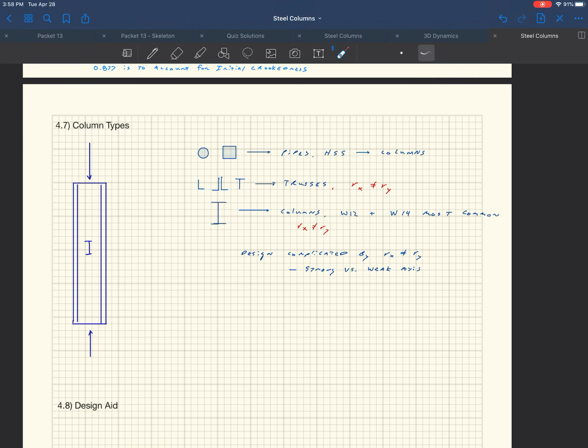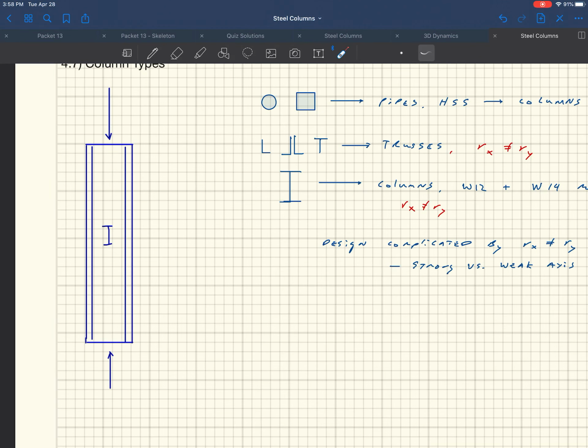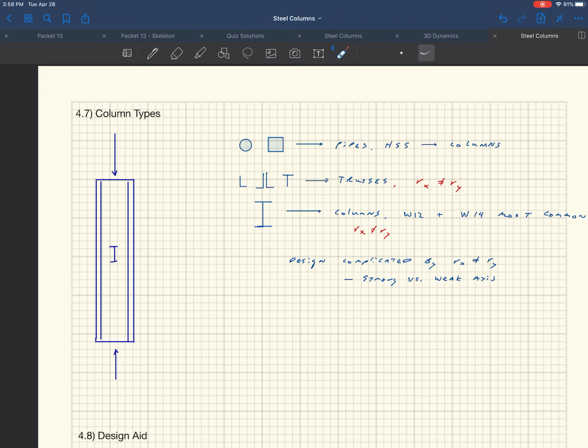So to expand on that idea of having a strong axis and a weak axis, that's what this drawing over here is for, okay? So I've got a load applied to this, right? A big axial load like this applied to this member. Well, you can see that these are the flanges on the wide flange. So my strong axis is going left and right, okay? And then my weak axis is coming into and out of the board, right?